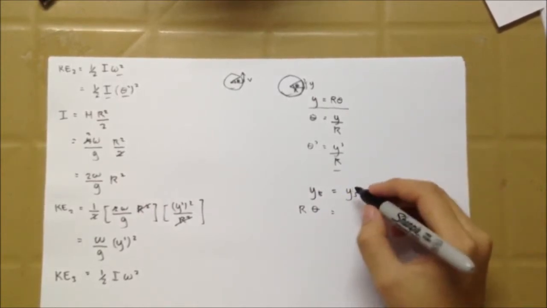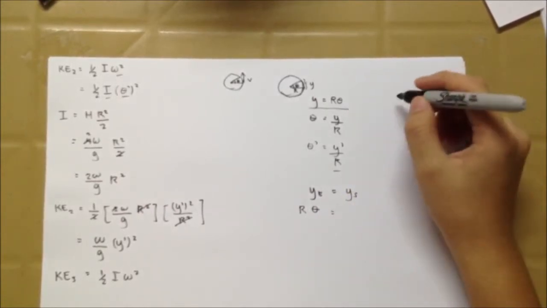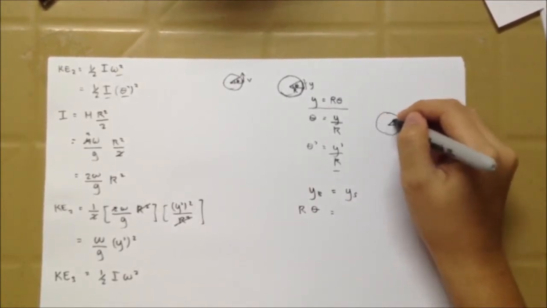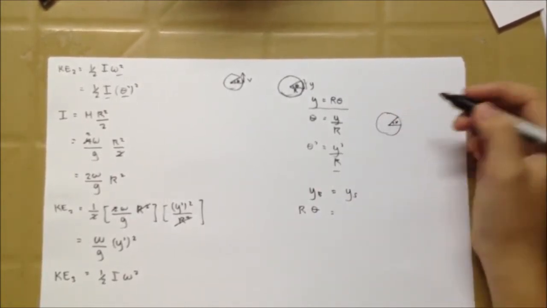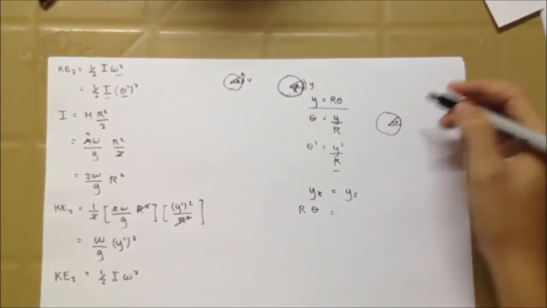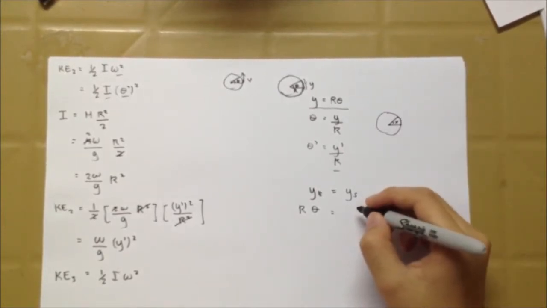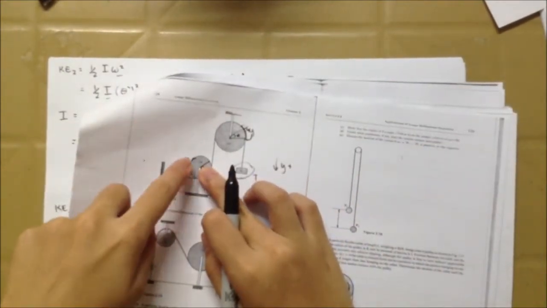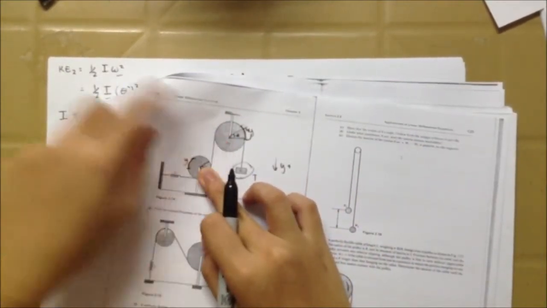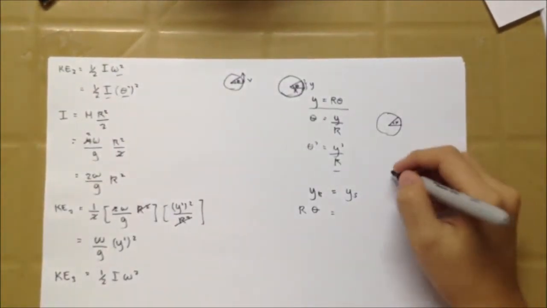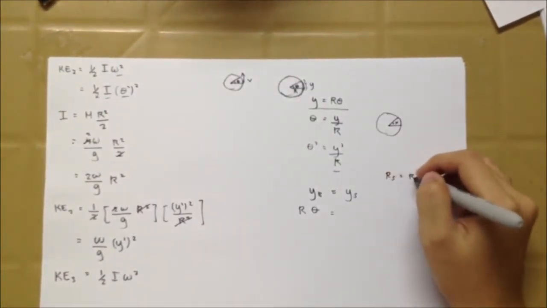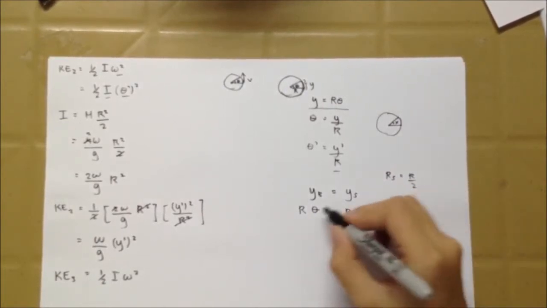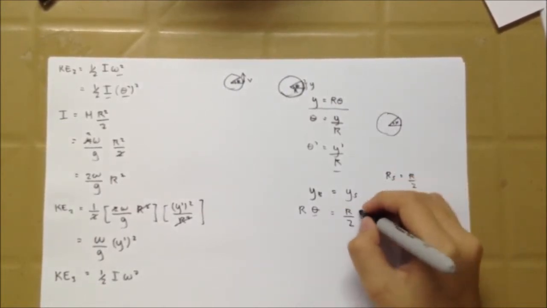But we need to solve for the displacement of the smaller pulley, let's denote that as x, needed to produce the same y. Also take note that the radius of the smaller pulley is just 1/2 of the radius of the bigger pulley, so r_s is equal to r over 2. So I'll have r over 2 times x.